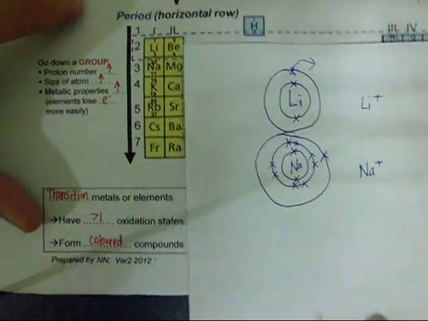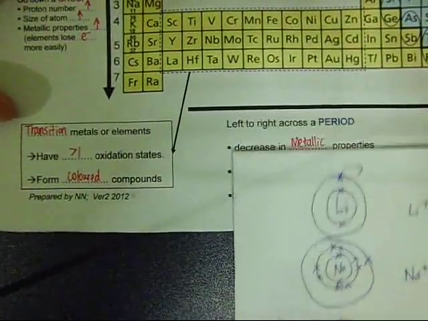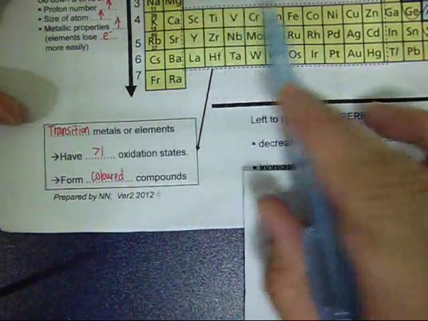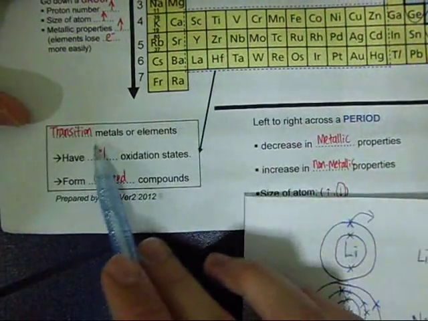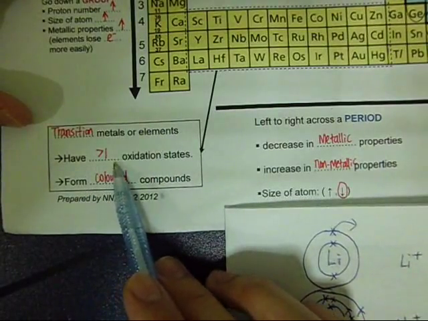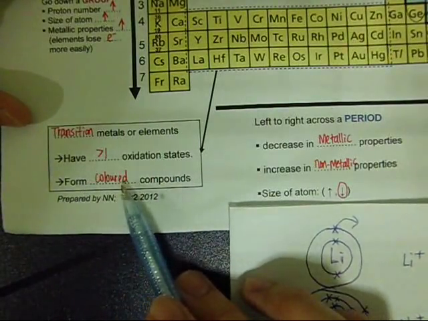Okay. Now let's look at the transition metals. This block here, without any group number, is called the transition metals or transition elements. They have more than one oxidation state and they form colored compounds.